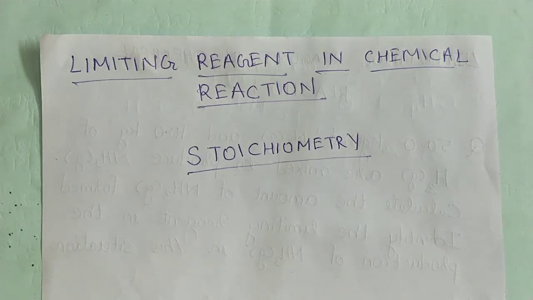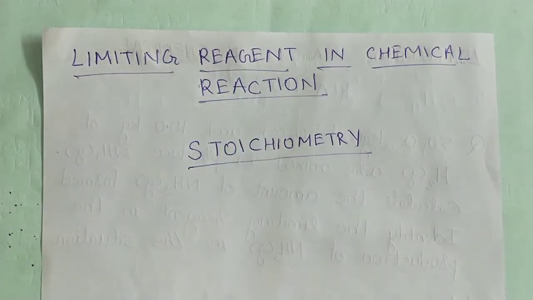And this difference in the reactant present can affect how much of a product is formed. So the quantity of the reactants can limit the amount of product formed, and that reactant which is limiting this formation of product is known as the limiting reagent in a chemical reaction.